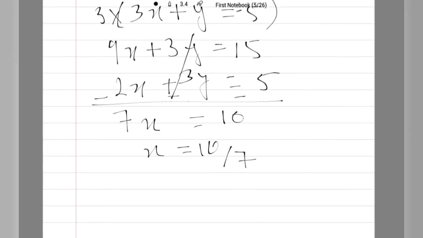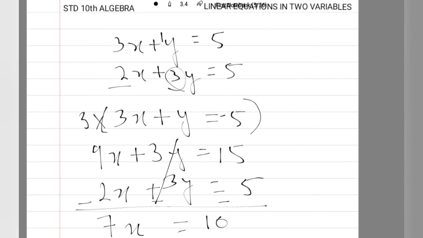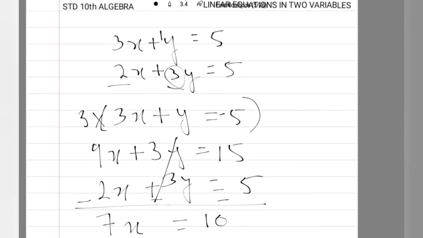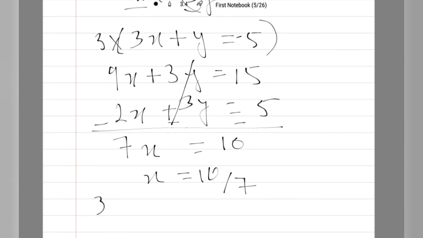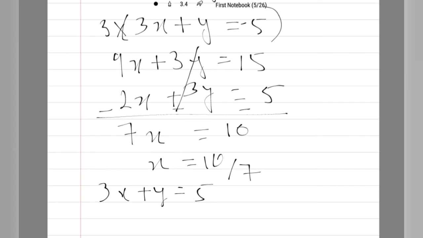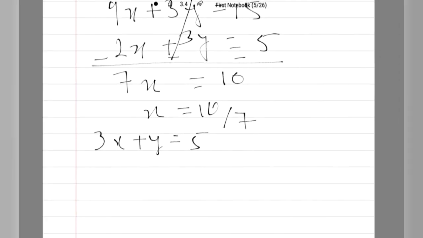And further substituting this value of x in the given equation, 3x plus y is equal to 5, we get 3 into 10 by 7 plus y is equal to 5.